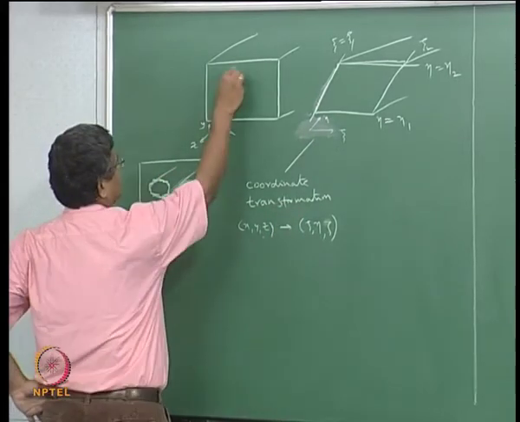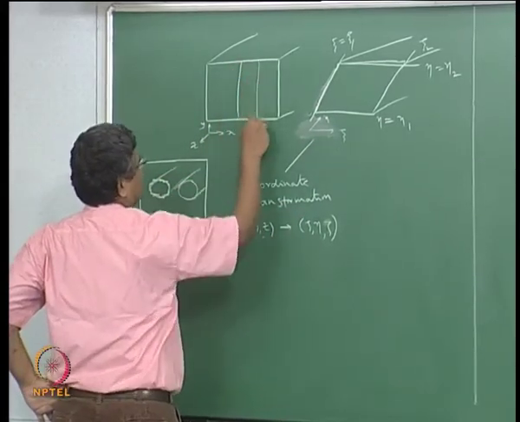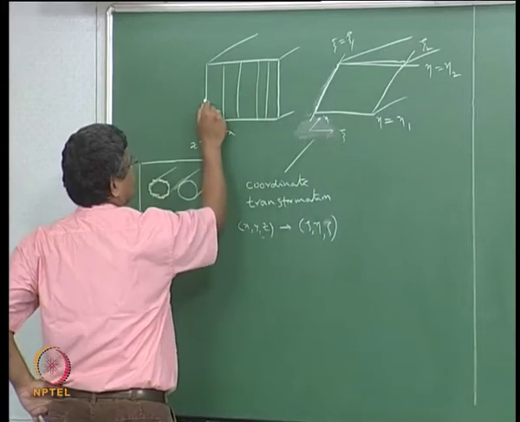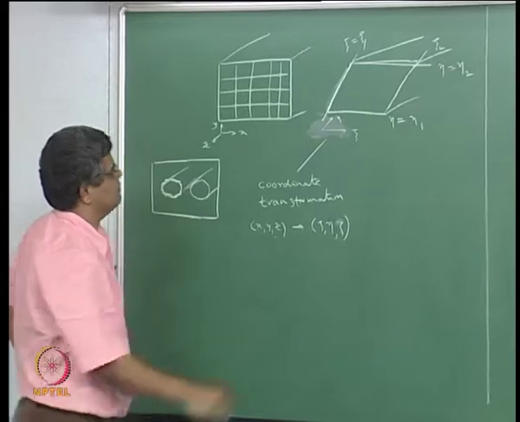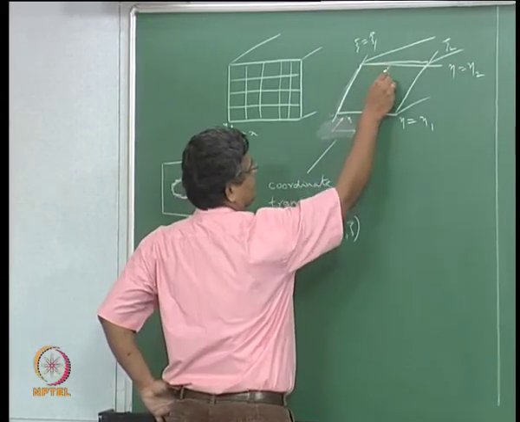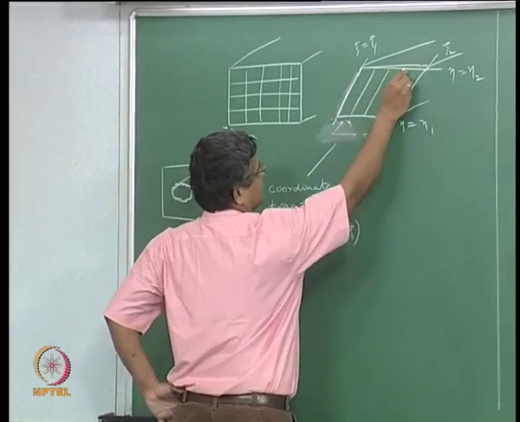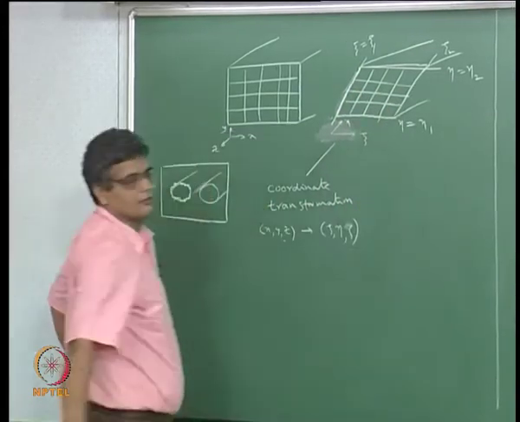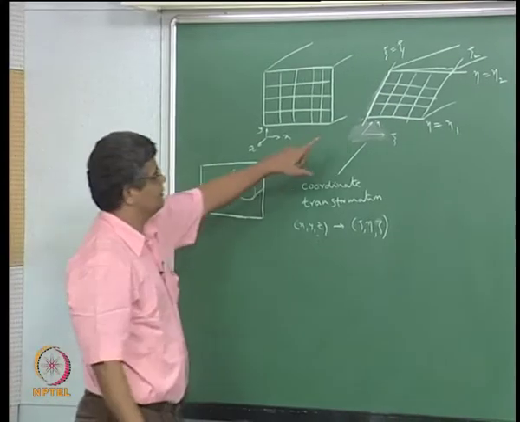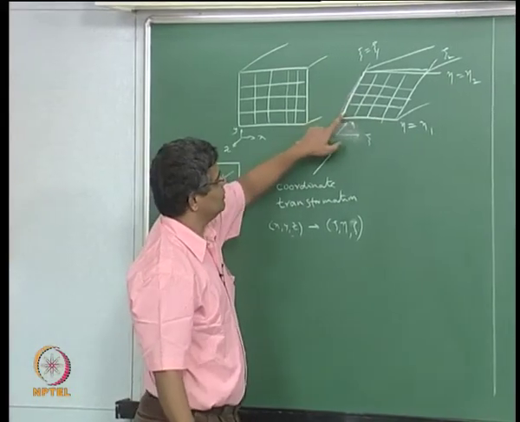Okay, so in this case we can then do the discretization. So we have grid lines which are parallel to these coordinate lines. And these are not along this direction, both y and x are changing.